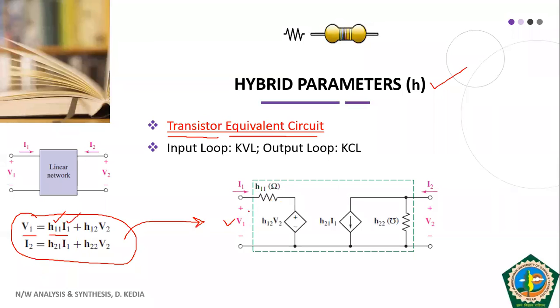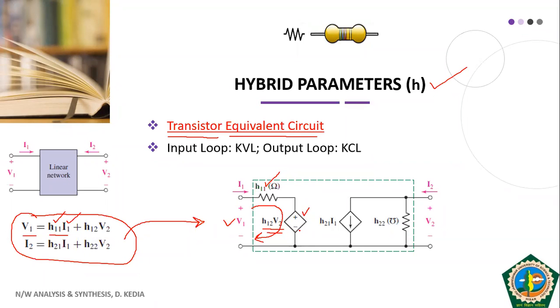So if you apply KVL here, you will have V1 equal to H11 ohm into I1. Okay, and if you come down, this is a voltage source. Its value has been shown as H12V2, and this voltage source has been represented in the form of a diamond.